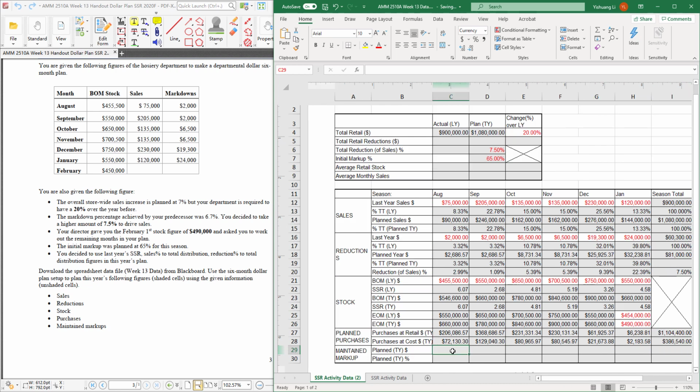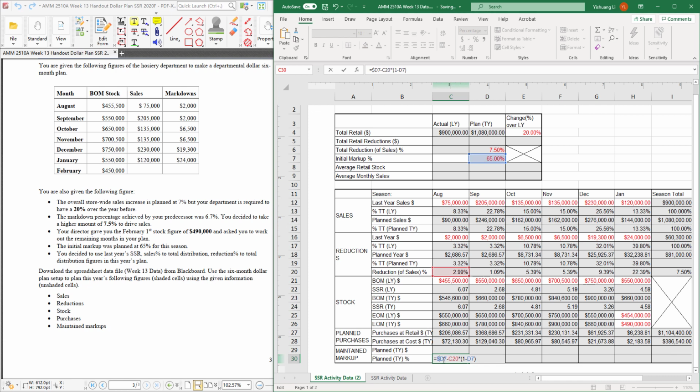For maintained markup, actually for this section, we need to calculate the percentages first. The planned markup in percentage equals the initial markup in percentage less the reduction in percentage. Make sure you are selecting this year's reduction of sales. Okay. And times 100% or just 1 less the initial markup in percentage.